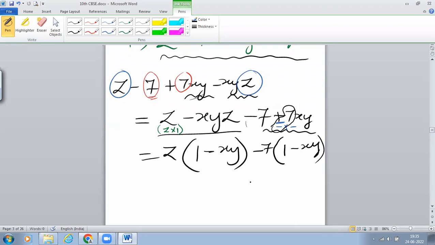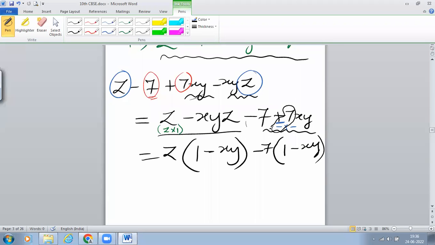Now see here, again I will explain. The meaning of plus is minus into minus. So in this third and fourth term, I'm taking minus 7 common outside. Here also minus 7, here also minus 7. In the place of minus 7, it will become 1, and the remaining is minus xy. If you want to check whether it is correct, multiply the minus 7 inside.